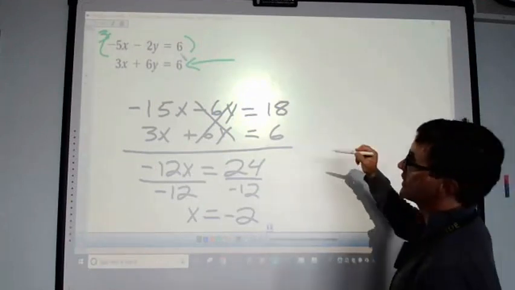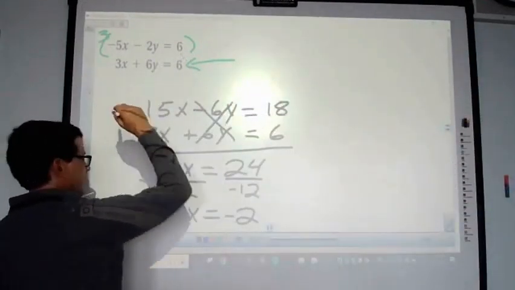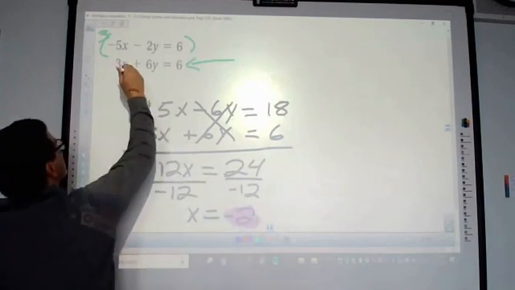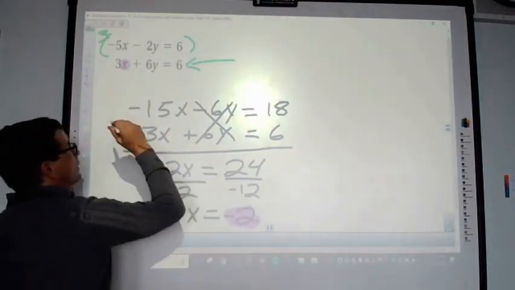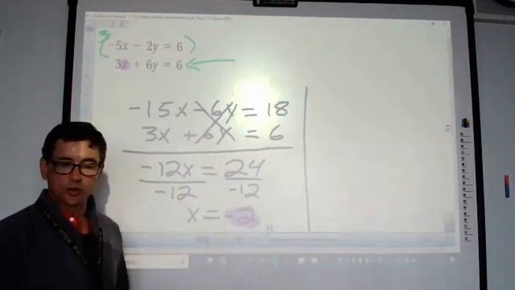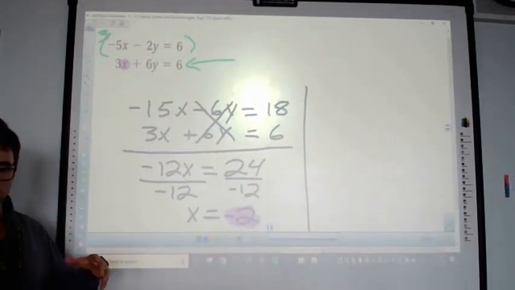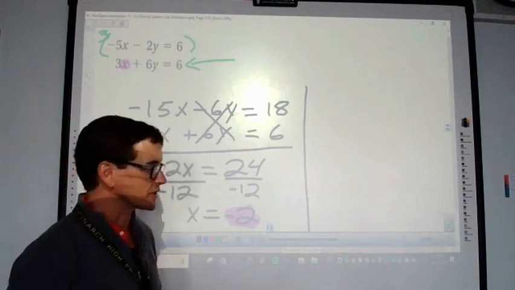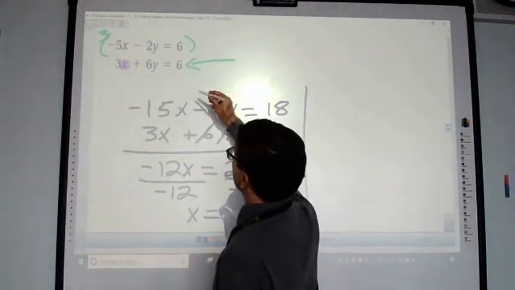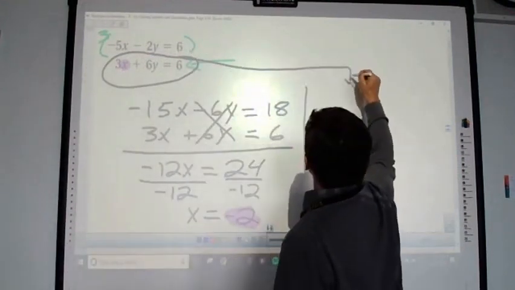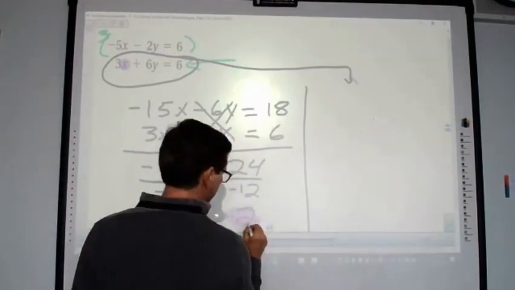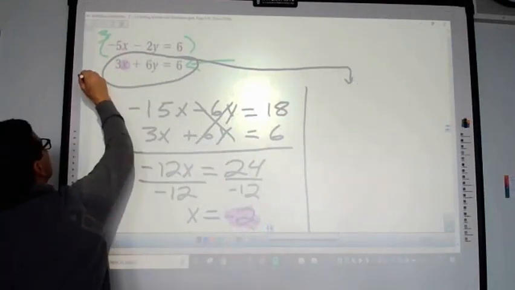So we got x equals negative 2. I'm going to plug that negative 2 right here for that x right there. I always like drawing lines to separate things. It makes it easier for me when I grade your stuff as well. And we're going to take this equation and rewrite it right here, plugging in that -2.